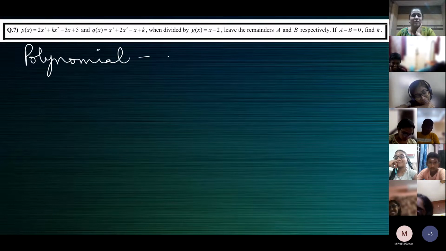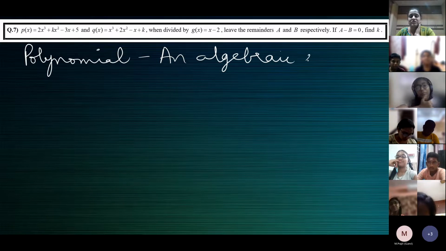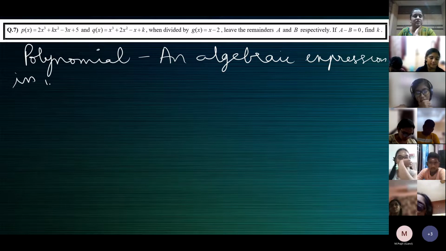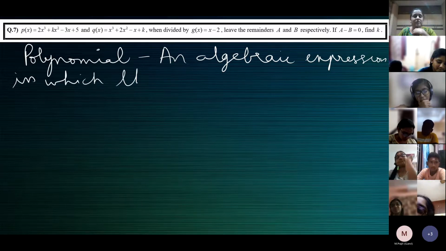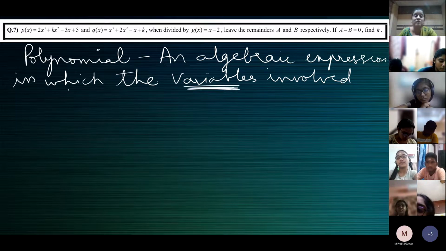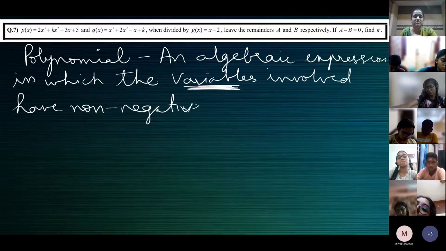A polynomial is an algebraic expression in which the variables involved, not constants involved, have non-negative integral powers.